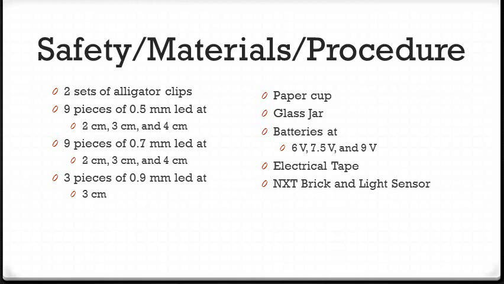I punched 2 holes in the top and in the side to connect my wires into, and I used a glass jar to go on top, which fit perfectly on the cup. I also had batteries of 6 volts, 7.5, and 9 volts in a series connected with electrical tape, as well as an NXT brick and a light sensor.